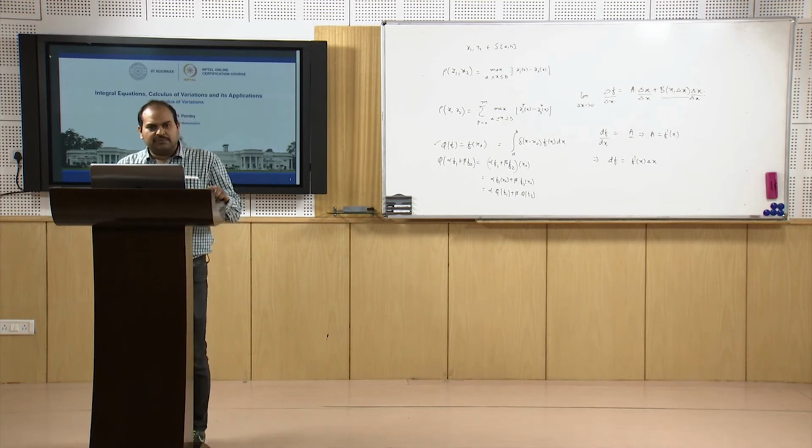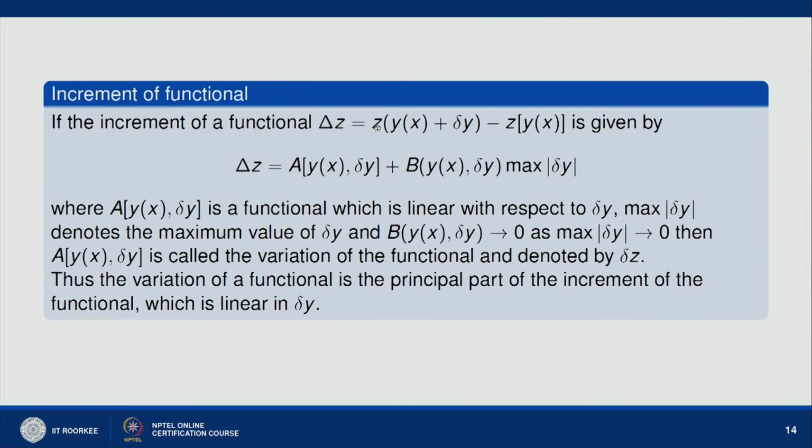In a similar way we can define increment of functional as follows. Here the increment of functional is defined in a similar way, where the argument is incremented by, say, delta y. Look at the functional difference between z of y of x plus delta y and z of y of x, which is given as delta z equal to z of y of x plus delta y minus z of y of x.